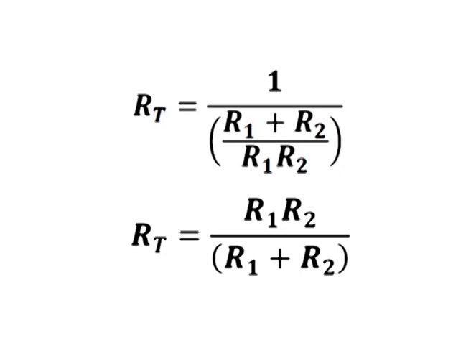Now this equation states that the total resistance for two resistors in parallel is equal to the product of the two resistors divided by the sum of the two resistors. This equation is sometimes referred to as the product over the sum formula.